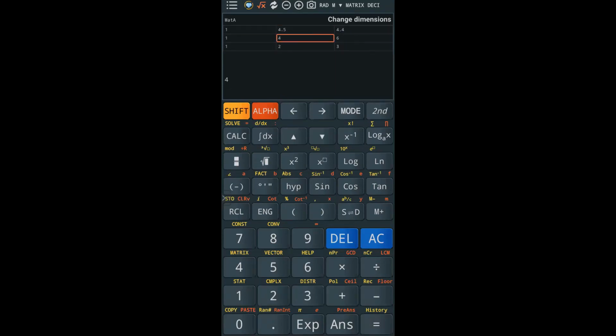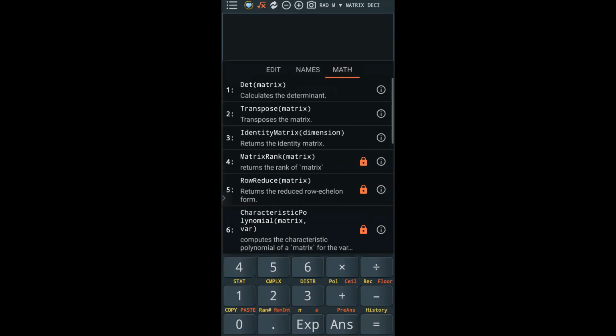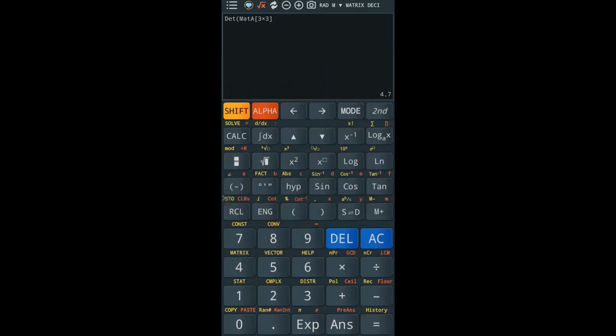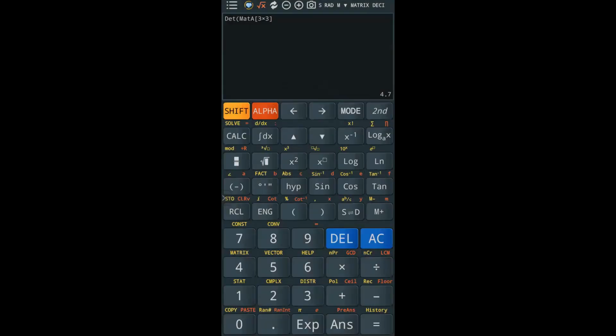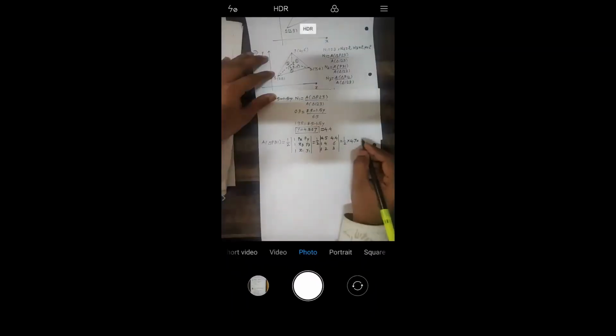Then shift, matrix, determinant of matrix A. It's coming 4.7. So what is the half of 4.7? 2.38.